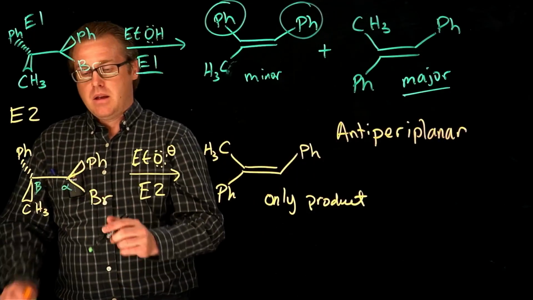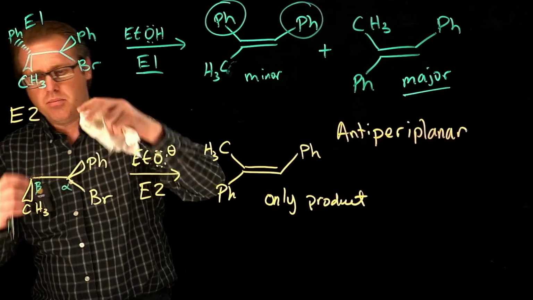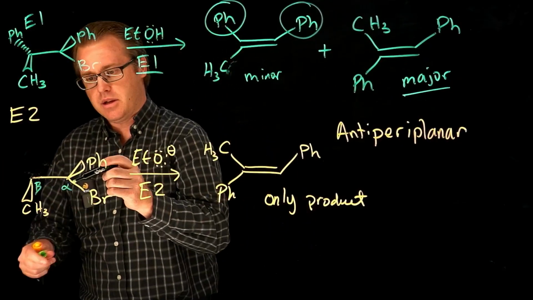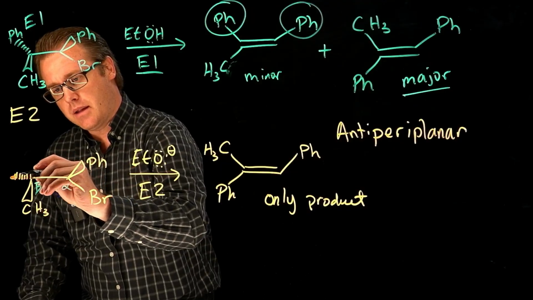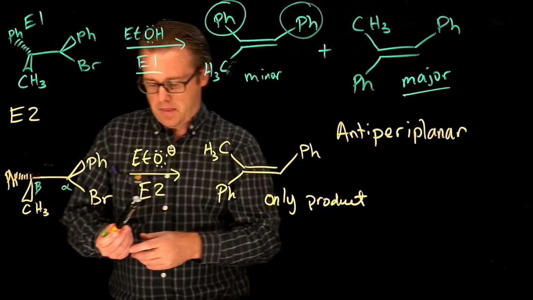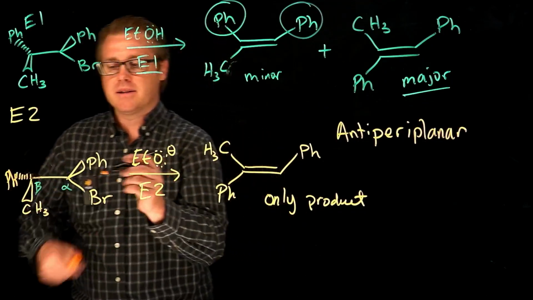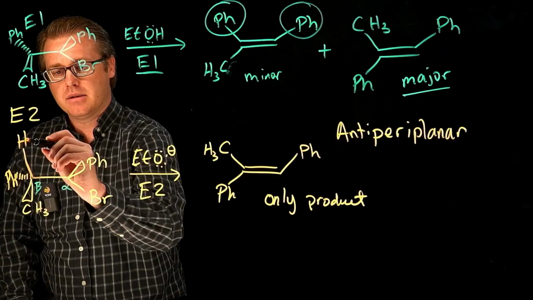And I'm going to take this phenyl group and just push it down a little bit so you can see it a little bit better here. Like this. Still on the screen? Good. What's not drawn here is the hydrogen that's going to be abstracted until now. I'm going to draw it. Okay.